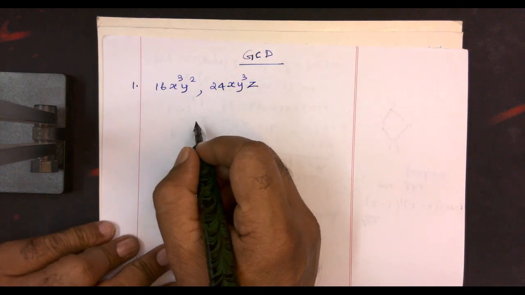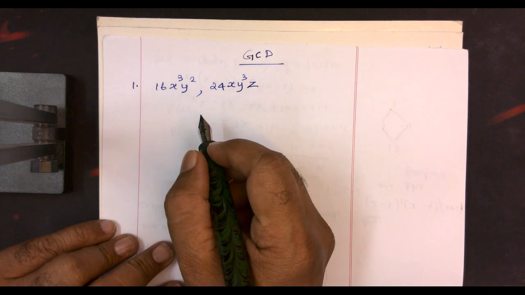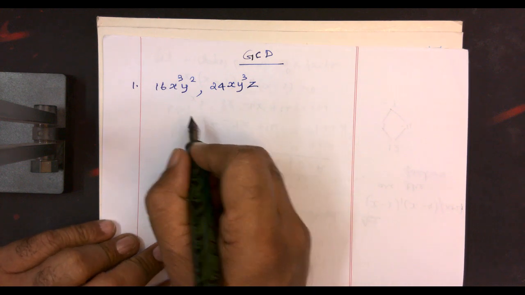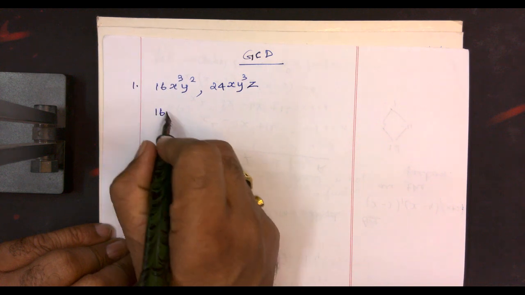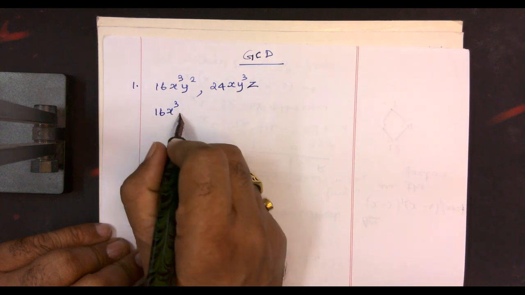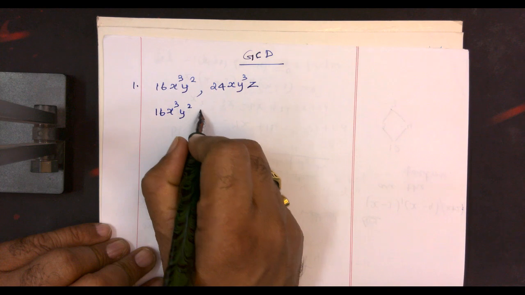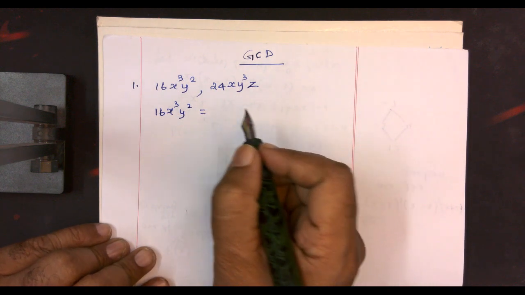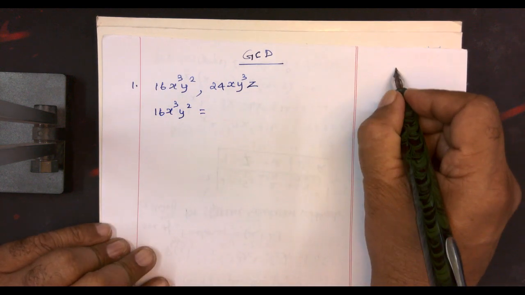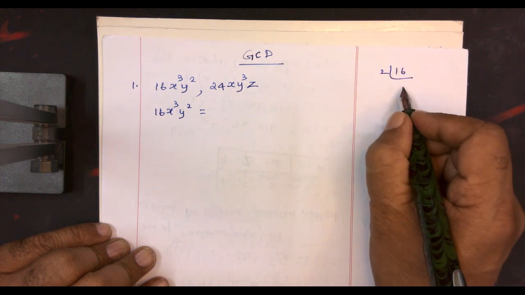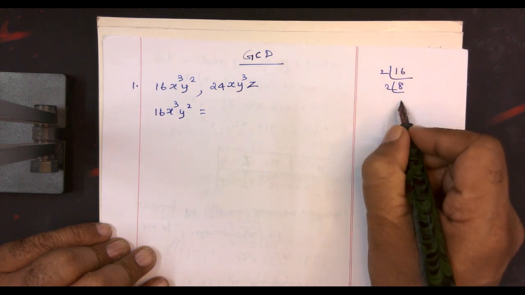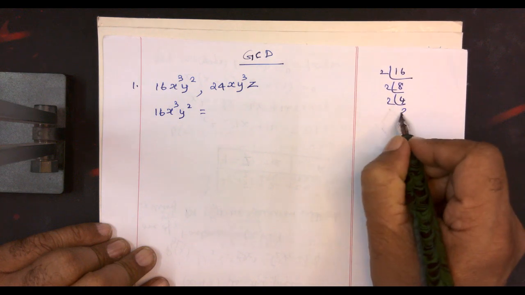Okay, so first what you are supposed to do is factorize each term. 16x cube y squared as a prime factor. So 16 can be factorized as 8 2s are 16, 4 2s are 8, 2 2s are 4.